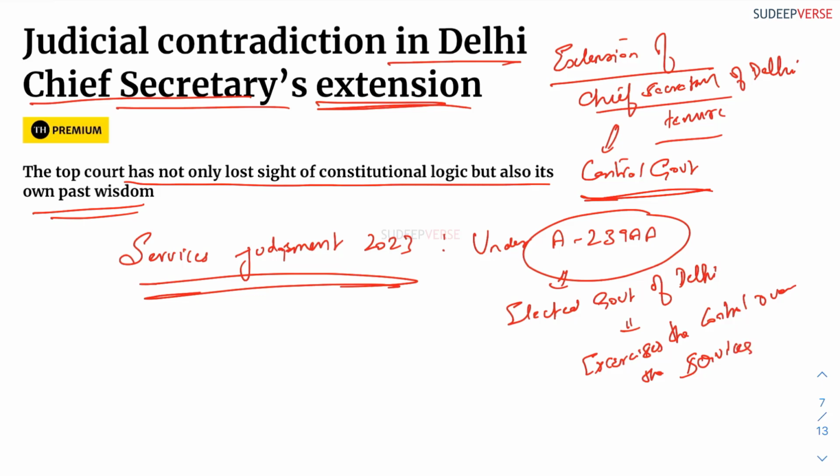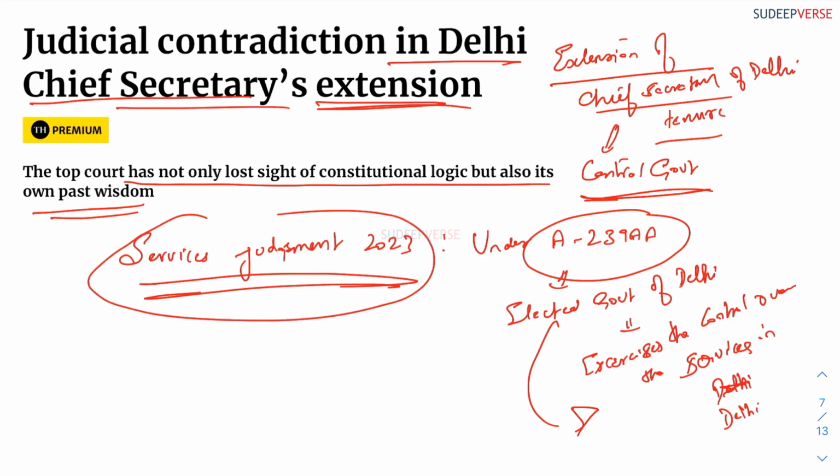So that means the Delhi government will get the powers to promote or post the bureaucrats, the people who are in all India services, in Delhi. That is the basic judgment that was given in the Services Judgment 2023.